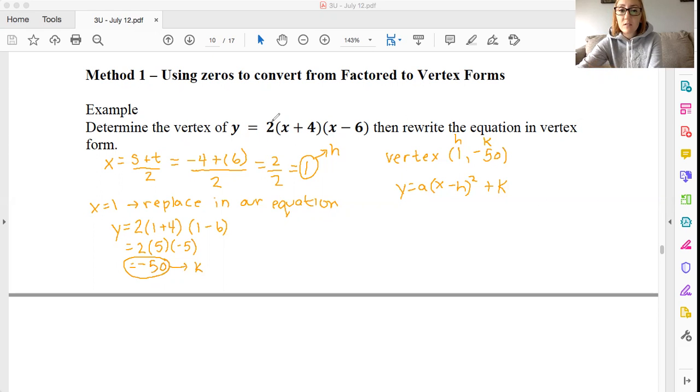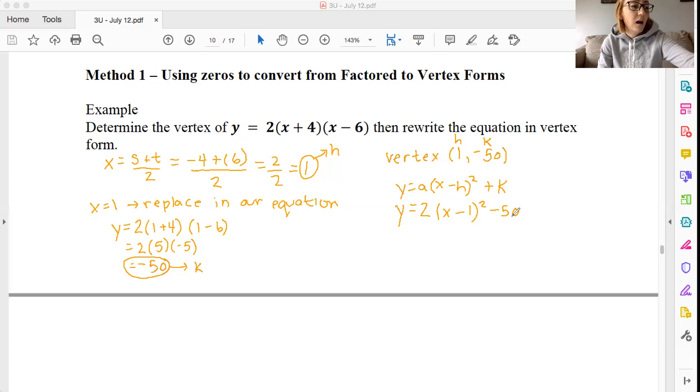So our a value is going to be 2. It's not going to change. Okay, so our vertex form is going to be 2(x minus 1) squared minus 50.